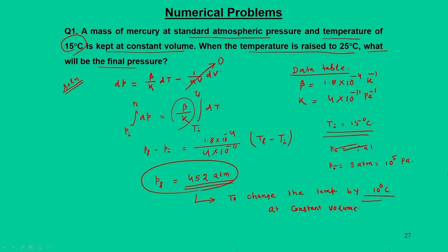So, approximately 452 atmosphere pressure is required to raise the temperature of mercury by 10 degree centigrade while maintaining constant volume, that is most important.